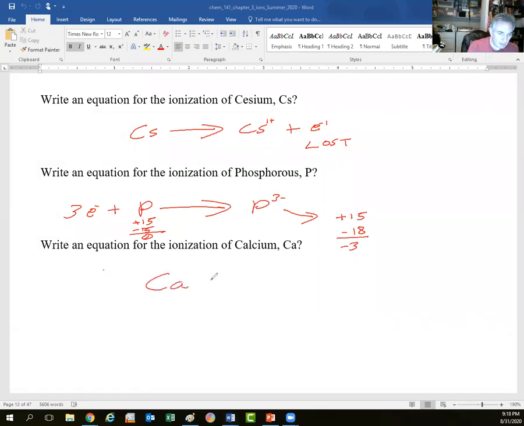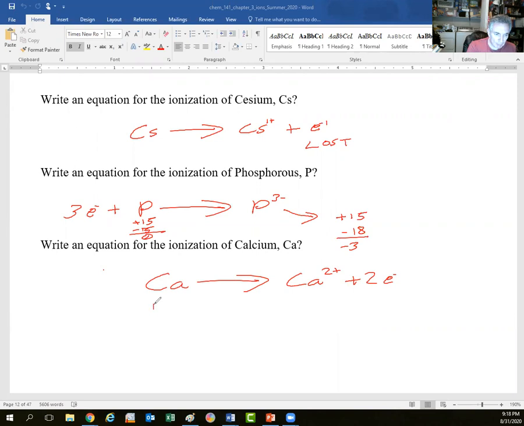So calcium is chemically changing into a calcium ion, having lost those 2 electrons. You always show the electrons when they're no longer part of the atom. The electrons are not part of the phosphorus at the beginning here, and the electrons are not part of the calcium at the end.